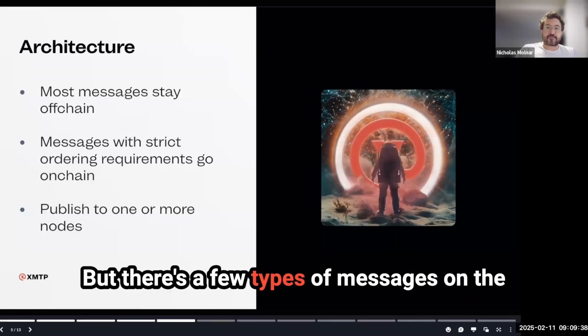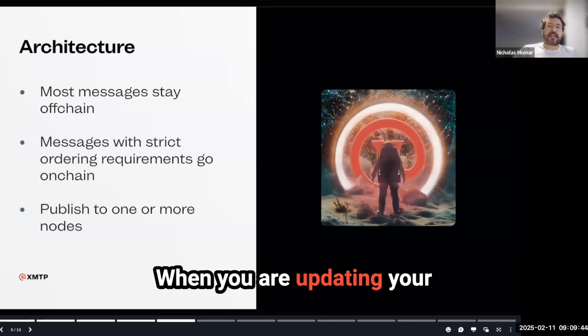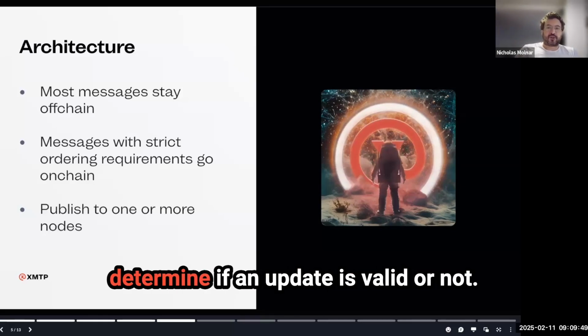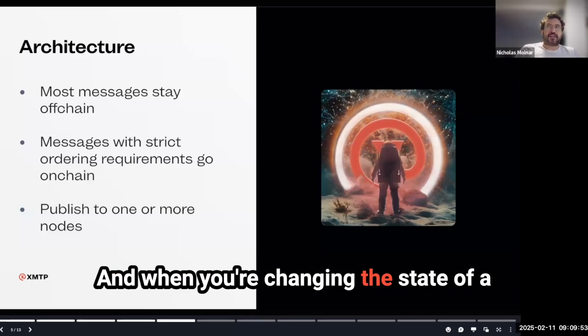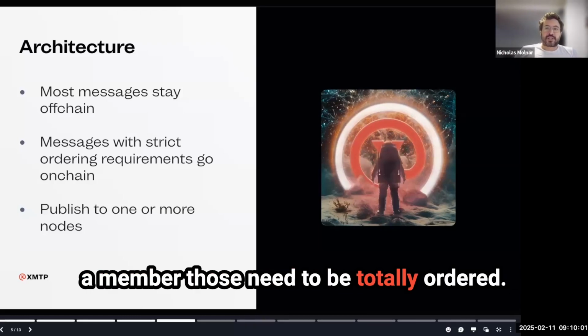But there's a few types of messages on the XMTP network that have stricter requirements. When you are updating your identity, we need total ordering to determine if an update is valid or not. And when you're changing the state of a group chat, say adding a member or removing a member, those need to be totally ordered.